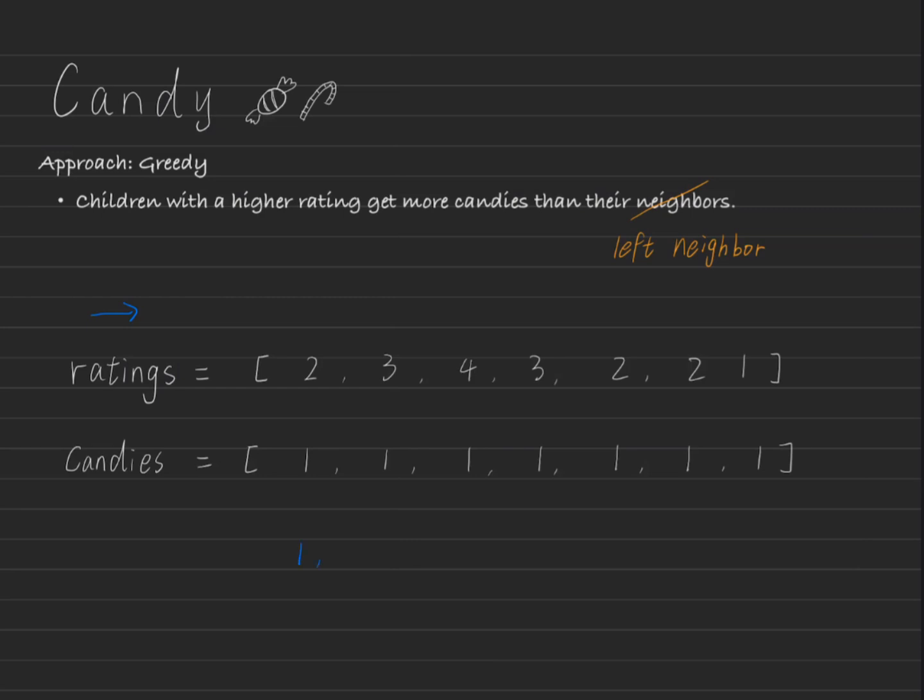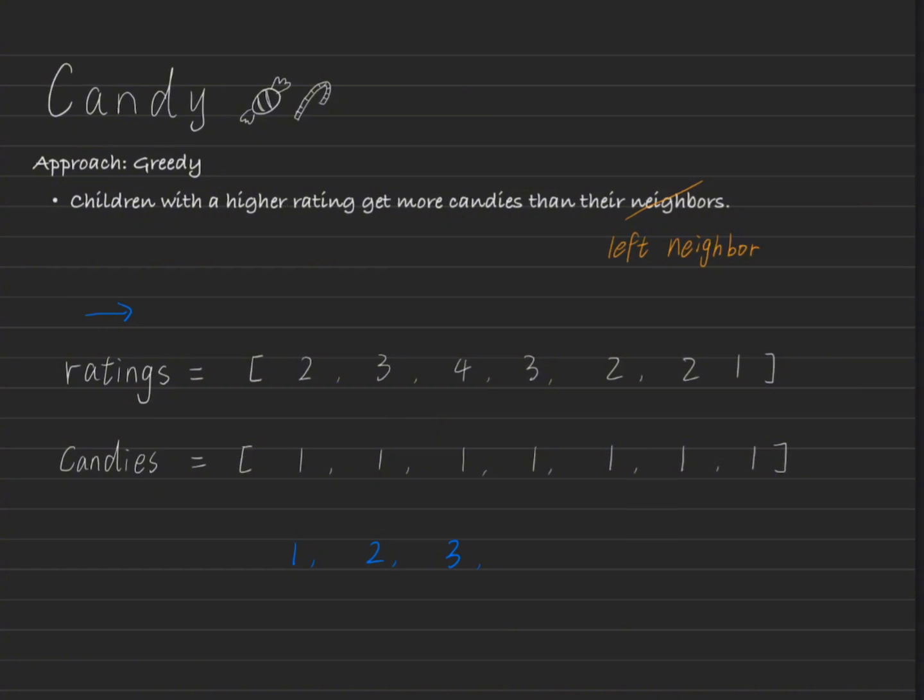So for example, 3 is greater than 2, so we give 1 more candy to the second child. And similarly, 4 is greater than 3, so we need to assign 1 more candy to the third child compared to the second child. If the current rating is not greater than its left neighbor, then we're not breaking the rule, so we leave the number of candies untouched.